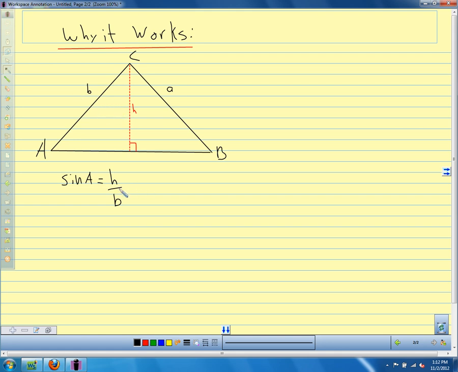So now I'm going to solve this for the height. If I get the height by itself, h equals b sine A. Now I'm going to look at this other triangle. From this triangle, sine B is the opposite over the hypotenuse, h over a. So if I solve for h here, I get h equals a sine B.